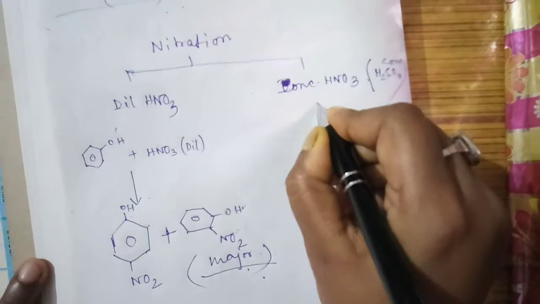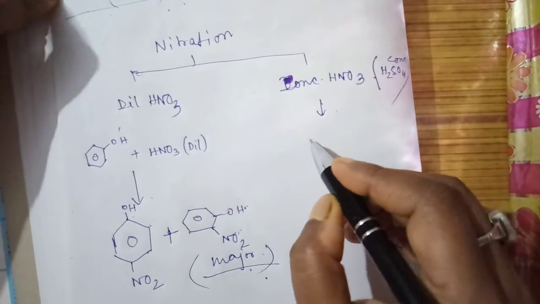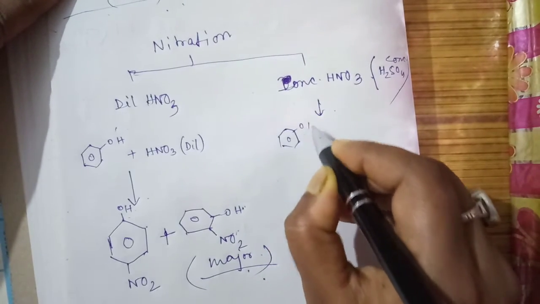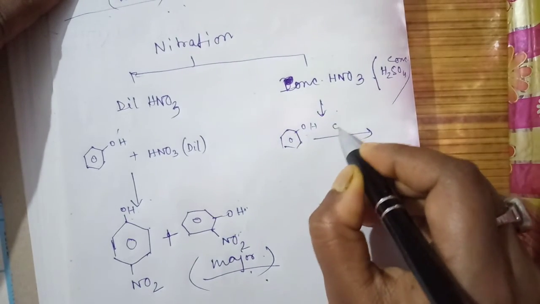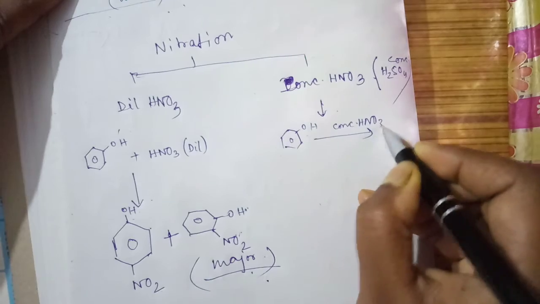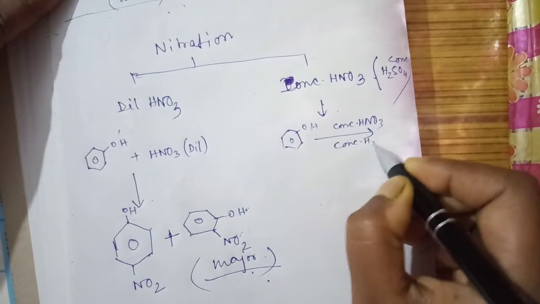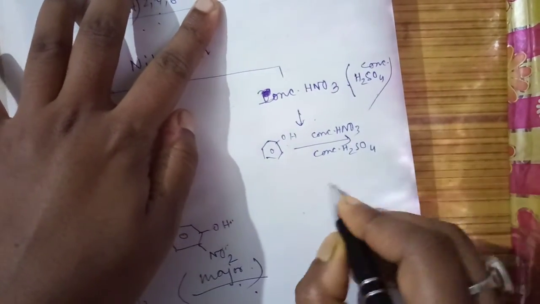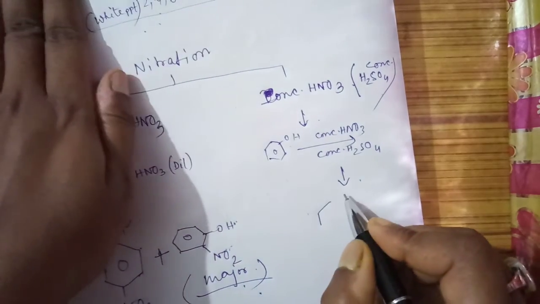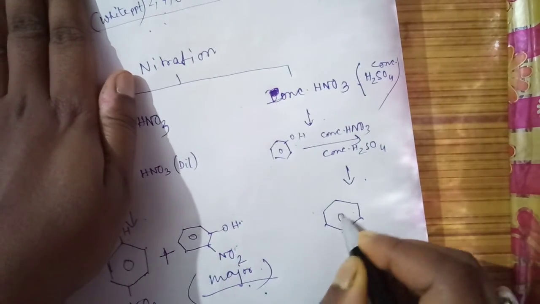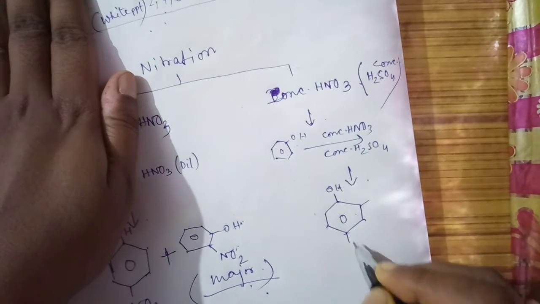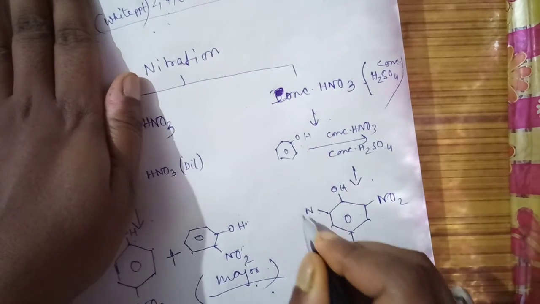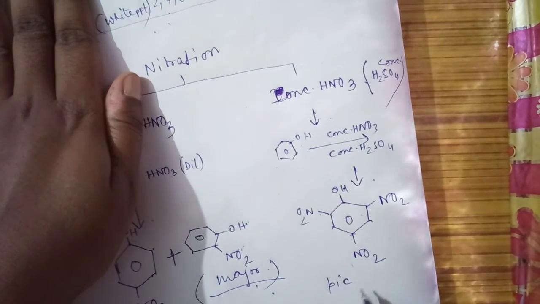So if you give concentrated nitric acid, then what will happen? In this case, phenol plus concentrated nitric acid and concentrated sulfuric acid, then we will get 2,4,6 trinitrophenol, which we call picric acid.